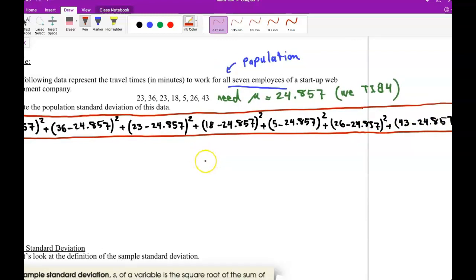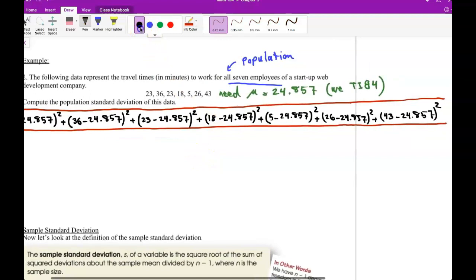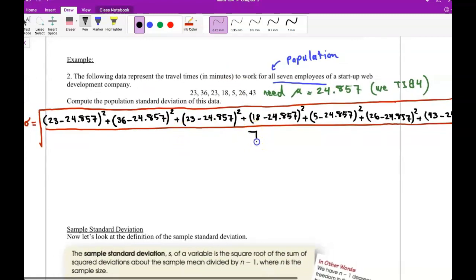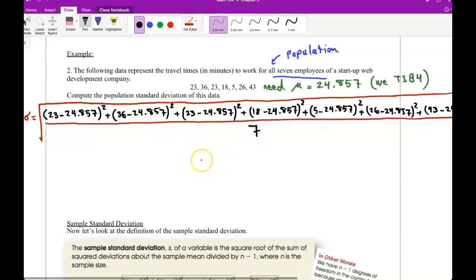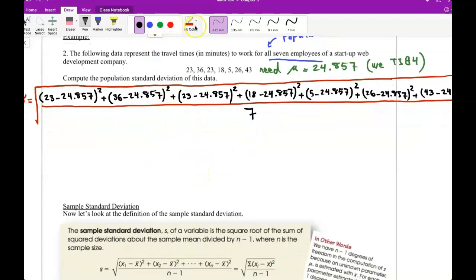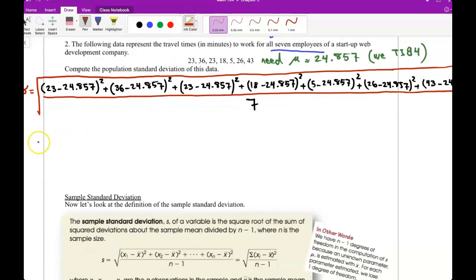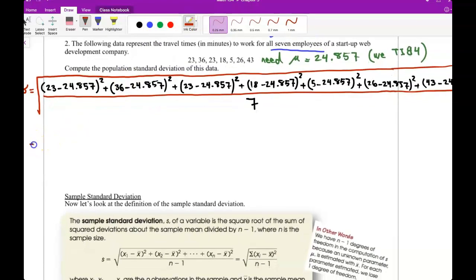And divide by n, which is the number of observations or population size. So n is, how many numbers we have here is 7.